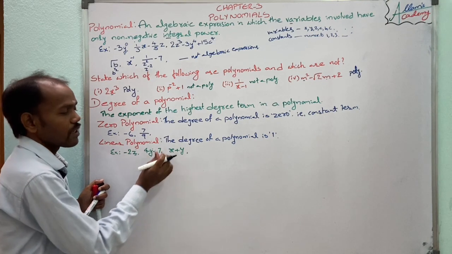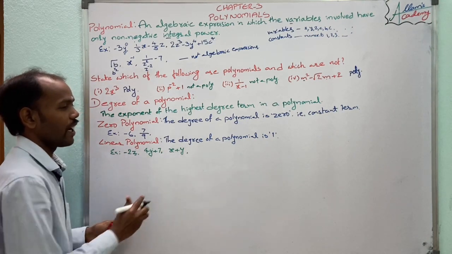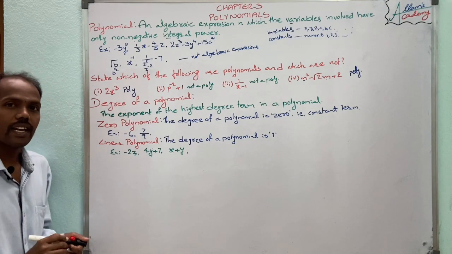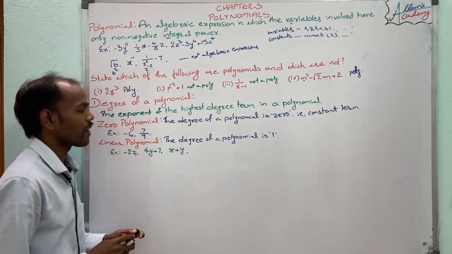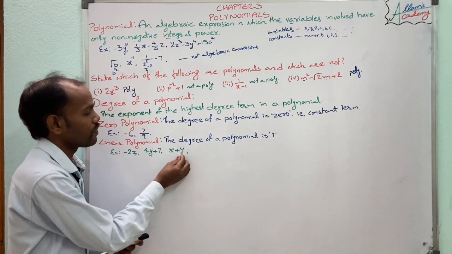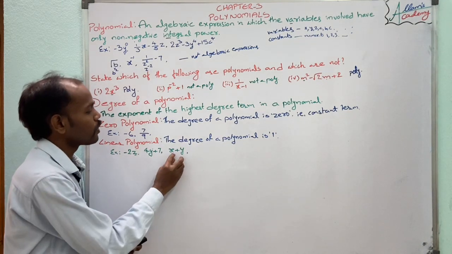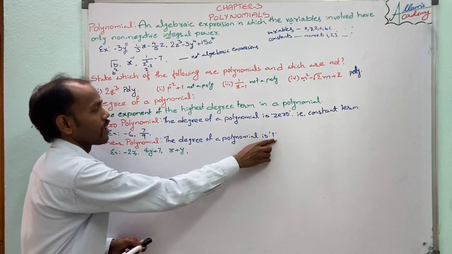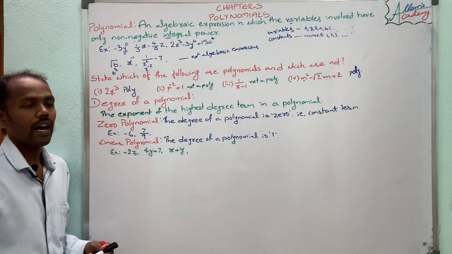And x plus y. Now in this polynomial it has two terms, x and y. In these terms x has exponent 1, and the variable y also has power 1. So both the terms have degree 1, so it is a linear polynomial.